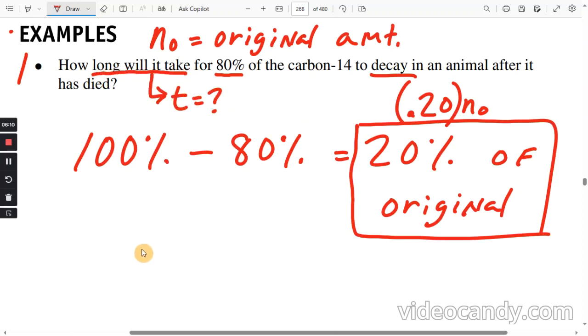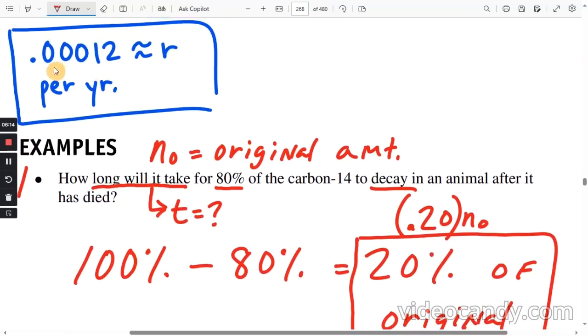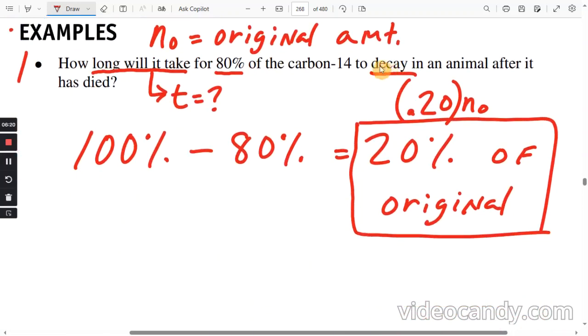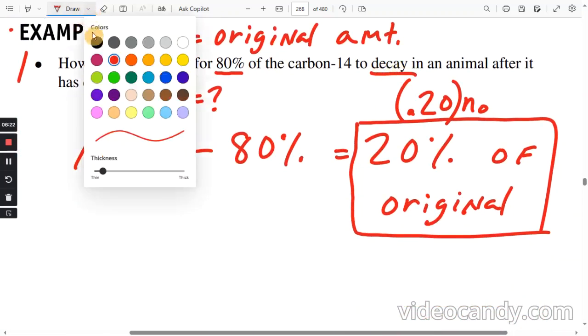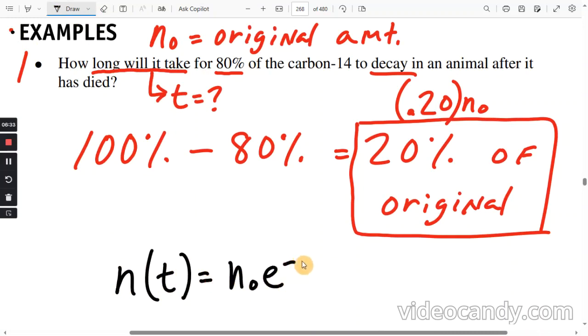All right, and we said the decay rate for carbon-14 in the last example was this amount per year. So once again, we're using the decay formula. So that's going to be N of t equals N sub 0 e to the negative rt.